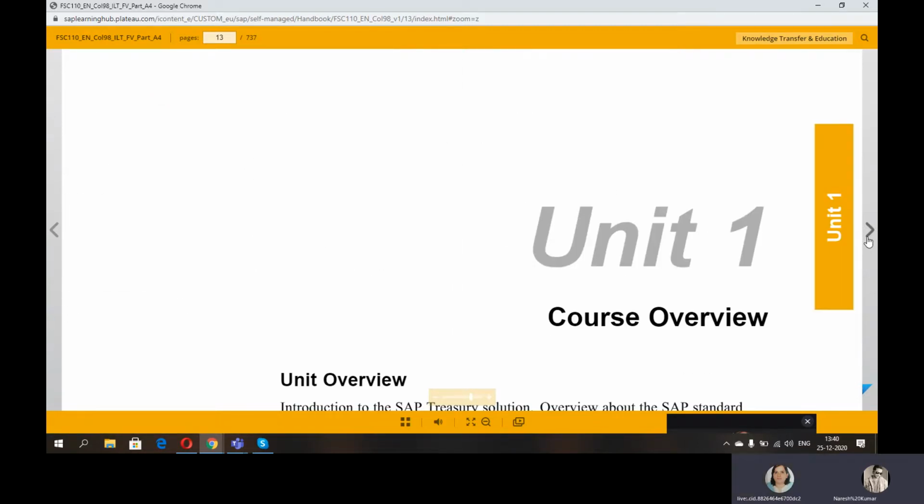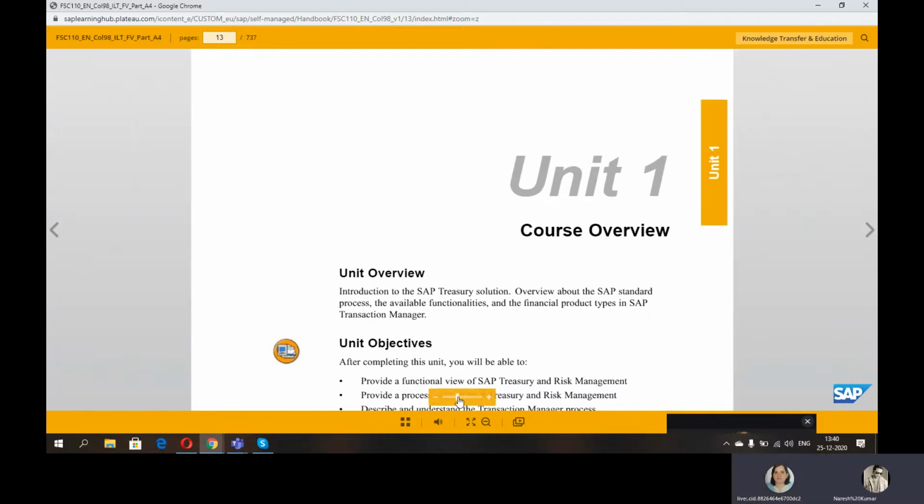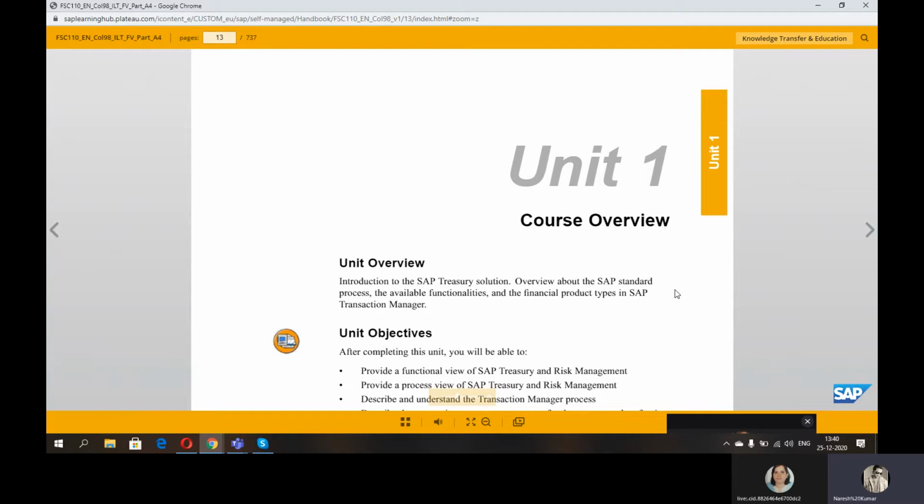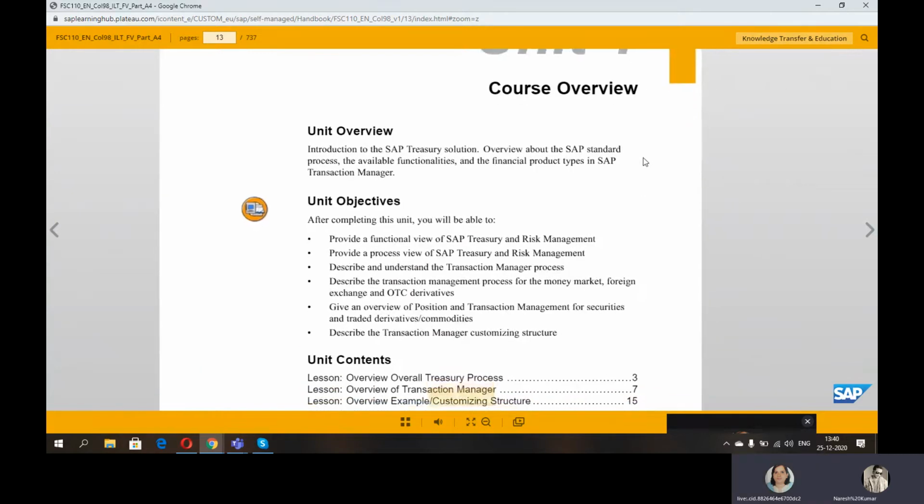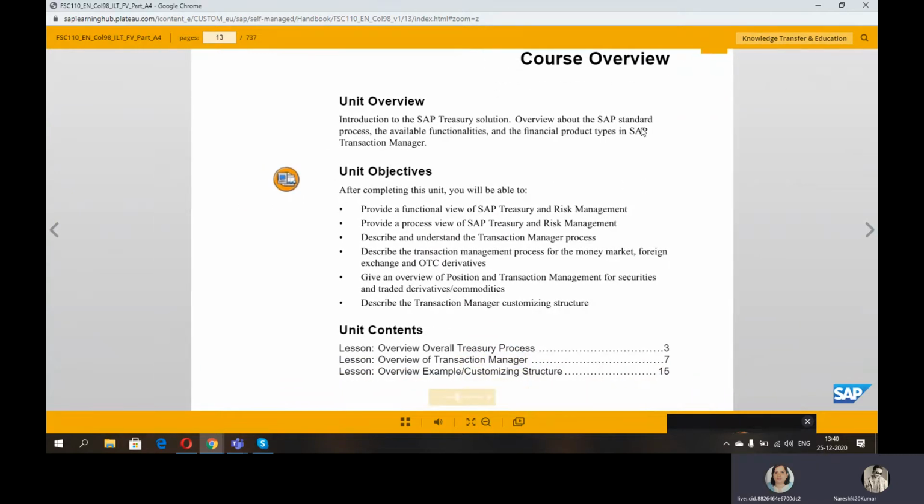Next, coming to unit 1, what exactly will we be able to do when it comes to the prospect of treasury? What are the steps we are going to follow? These are the main setups where we will be able to find it out.